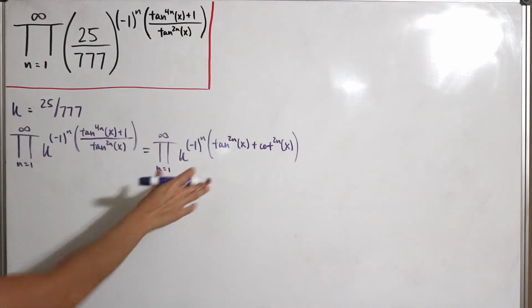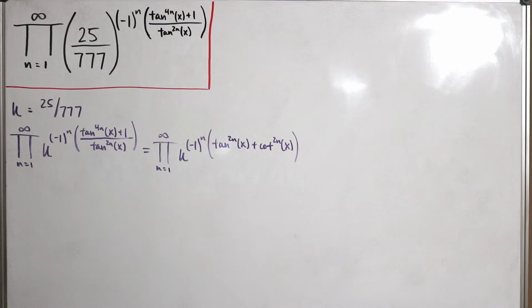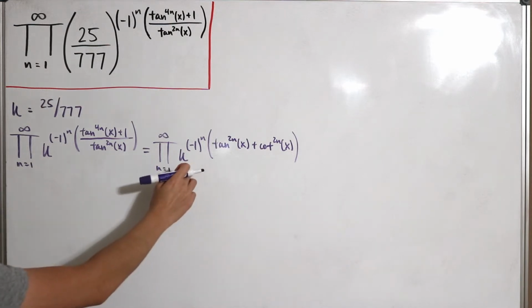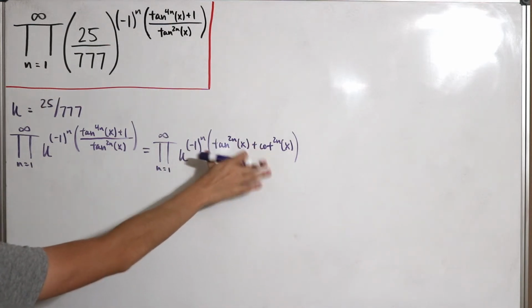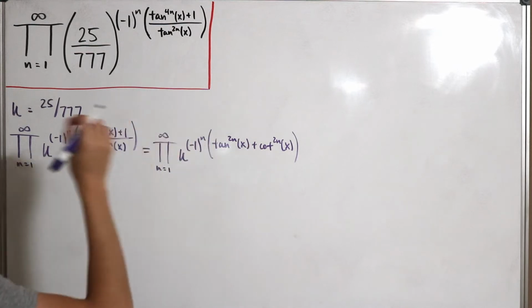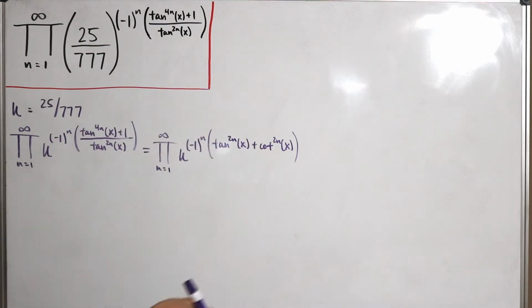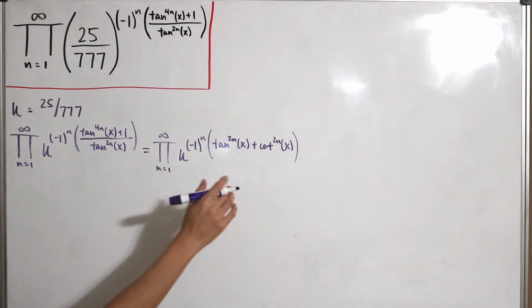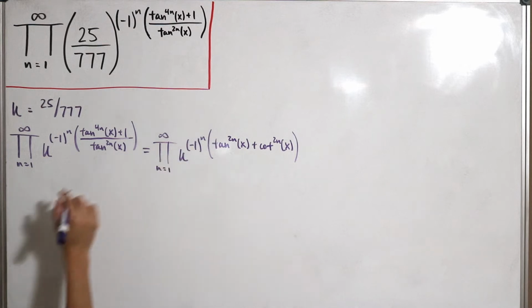Now, since we have the base and then the exponent, we can use our rules of exponents and split this up into a product of bases with different exponent values. So really, it's basically just multiplying two infinite product series.